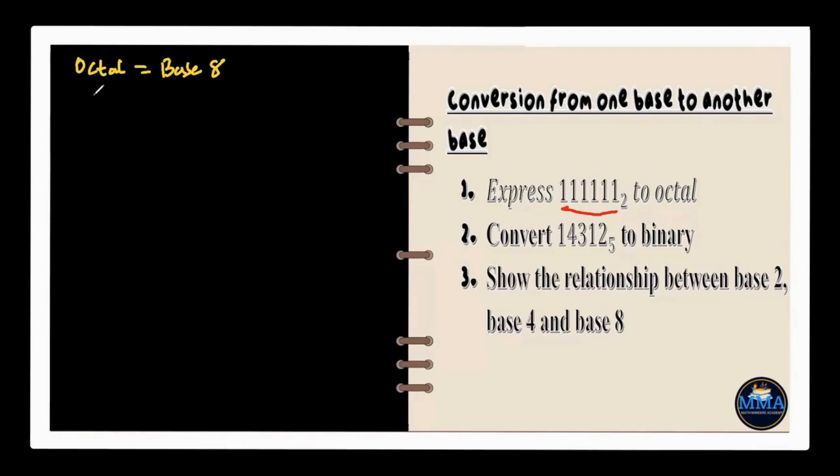So we have 111111 base 2. We need to note that for these digits, the power of 2 is going to be 0. For these digits, the power of 2 is going to be 1. This is going to be 2, this is going to be 3, 4, 5.